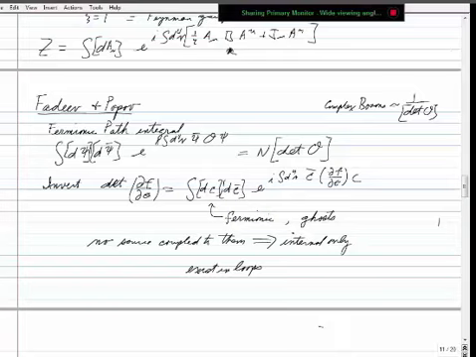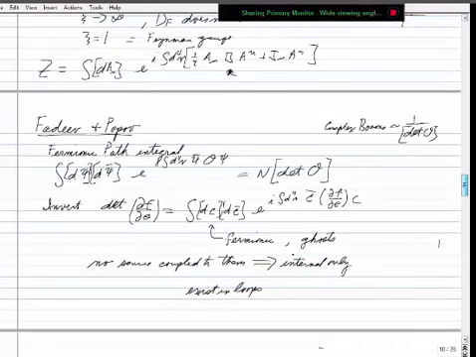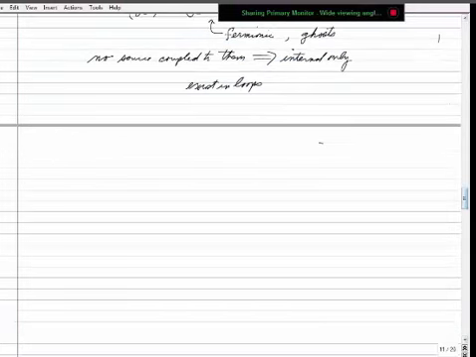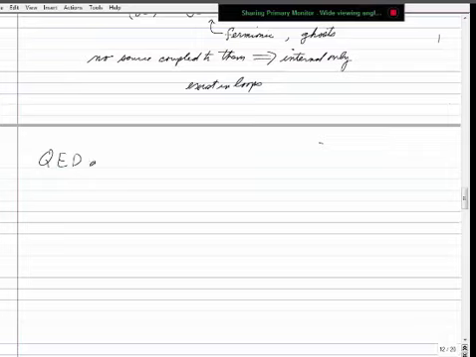So I'm going to use c, dc, dc bar. These are fermionic variables. e to the i integral d4x, c bar, dF d theta, c.